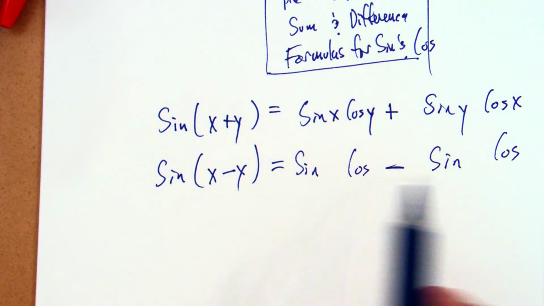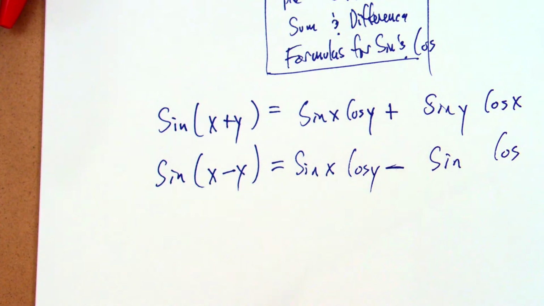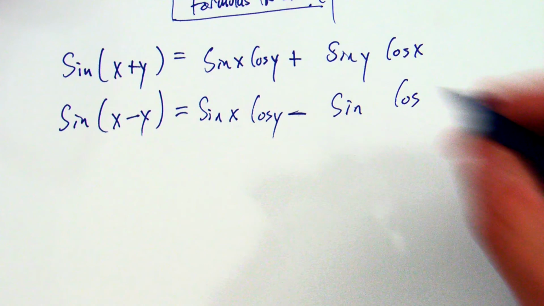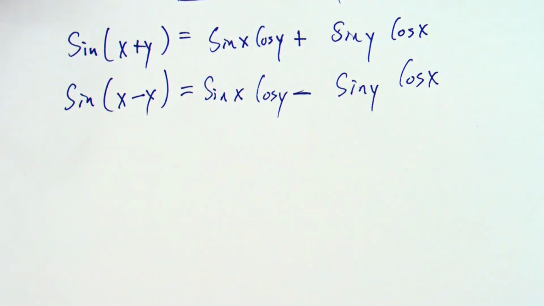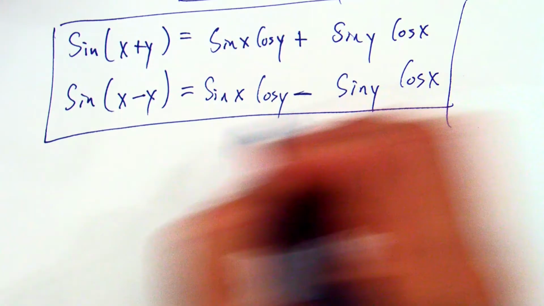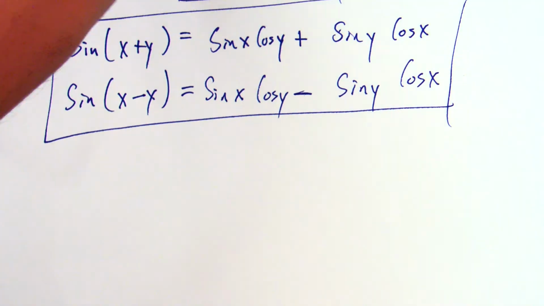Here goes x, the first one, and then y, and then we switch them over, y, x. Cool? These are just formulas you need to memorize. That's it. Now this is for sine. Any questions here? They're pretty straightforward. Next.